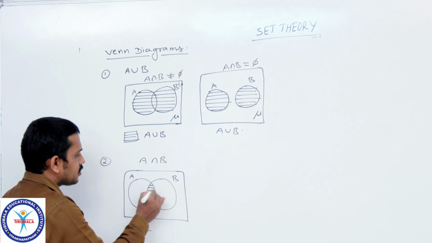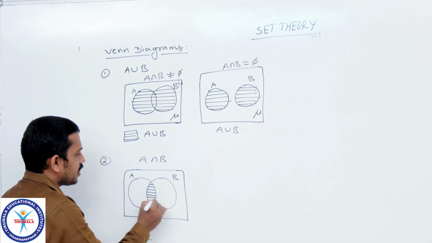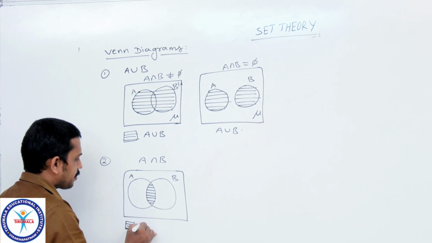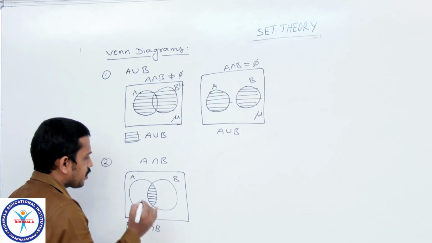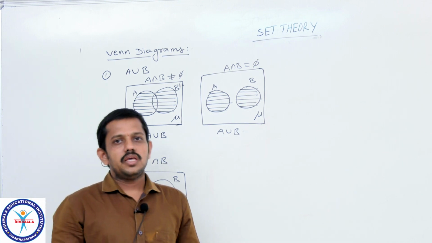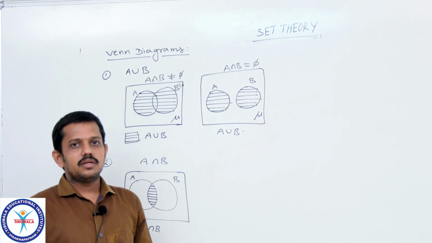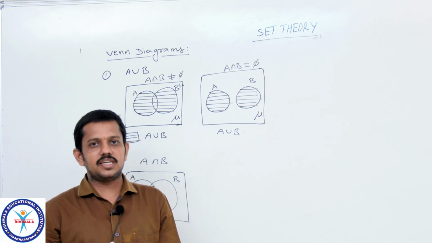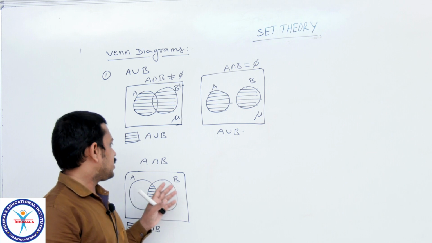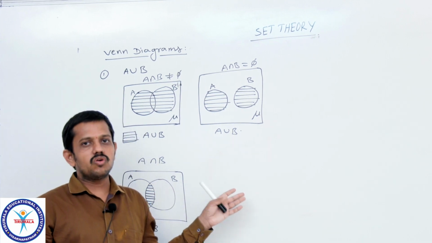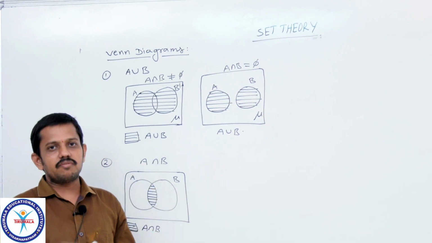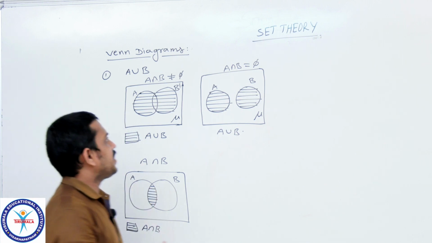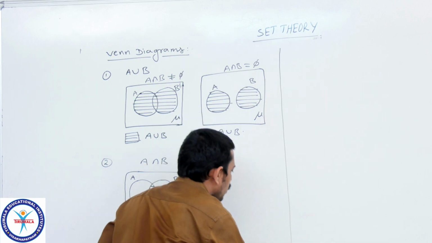This is the common region. So this shaded portion represents A intersection B. Suppose A and B are disjoint sets, meaning A intersection B is equal to phi, there is no common region. So in that case there is no shaded portion and no need to draw the Venn diagram. So, this is A intersection B.